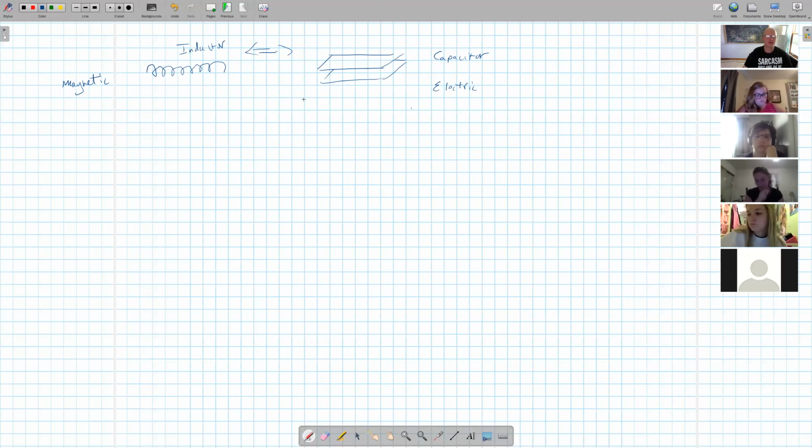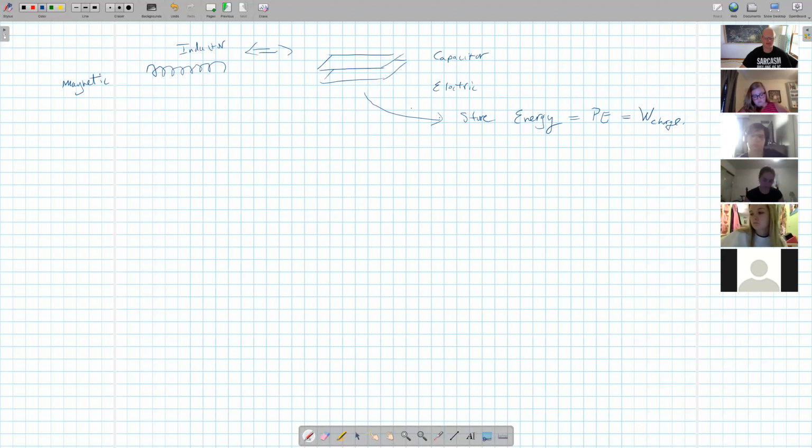So what we said before was that the point of having a capacitor inside of a circuit was to store energy. And this thing is to store energy in the form of potential energy, which is equivalent to the amount of work it does to charge this thing up.